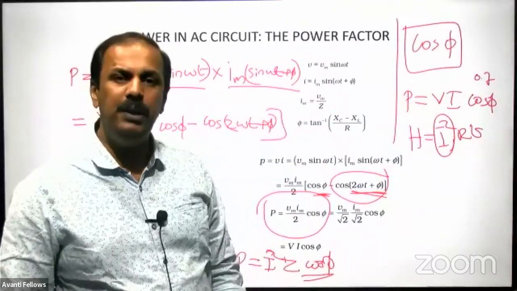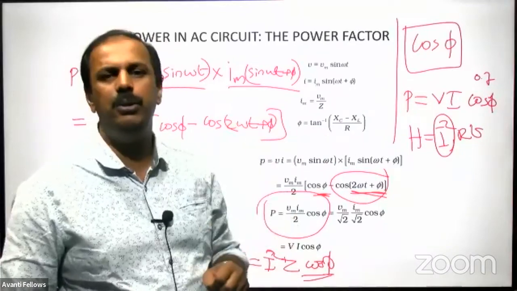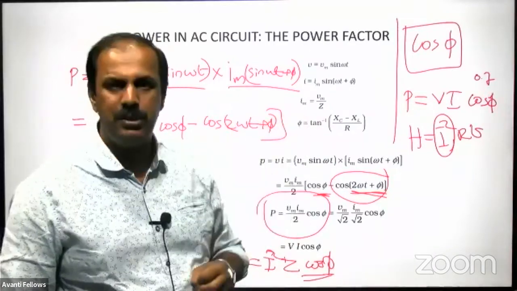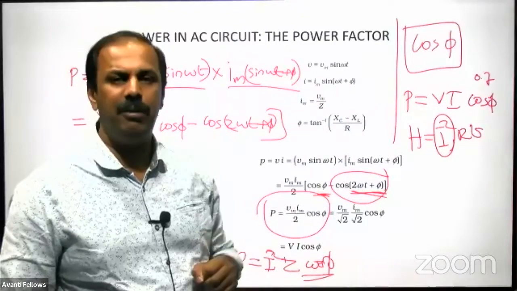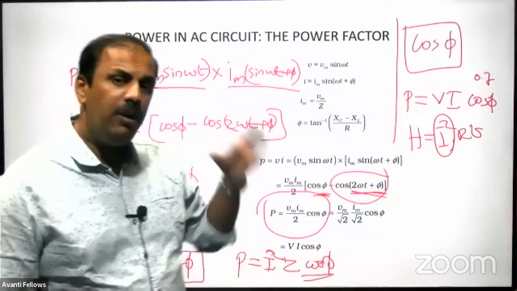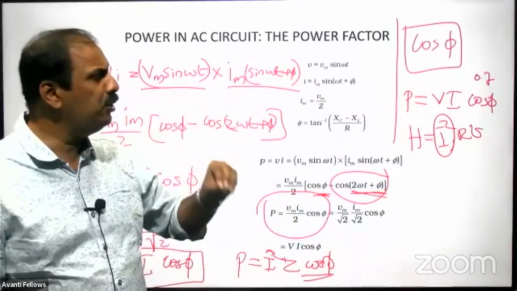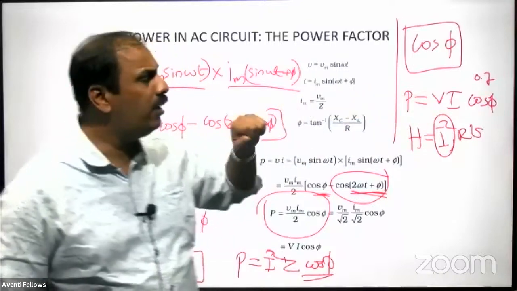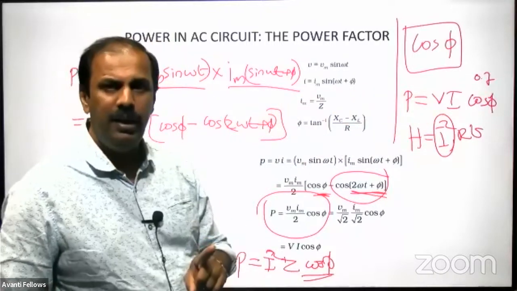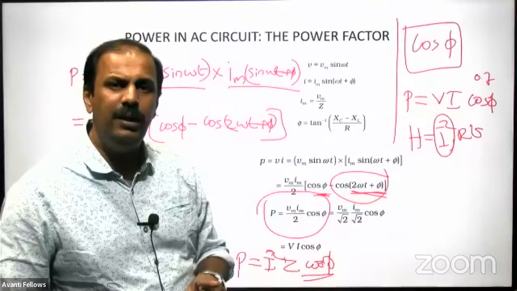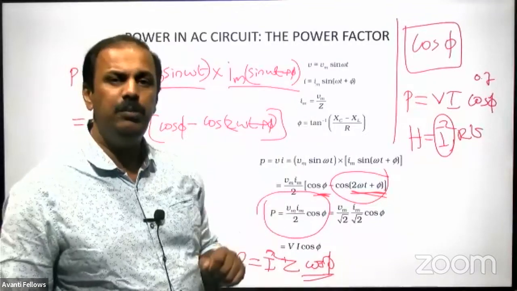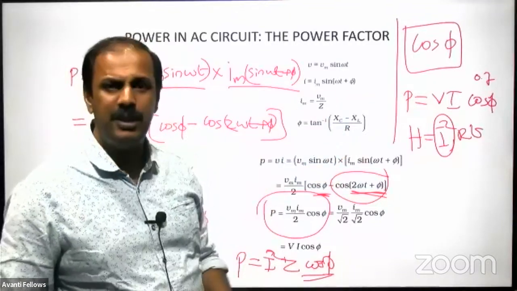And for the company or the government that is supplying current to you, it will be a loss because the wire is getting heated up. That's why they will insist you keep the power factor as 1. If the power factor is less than 1, the line will heat up and there will be a loss of electrical energy.